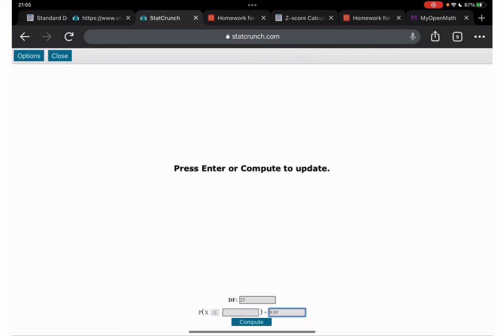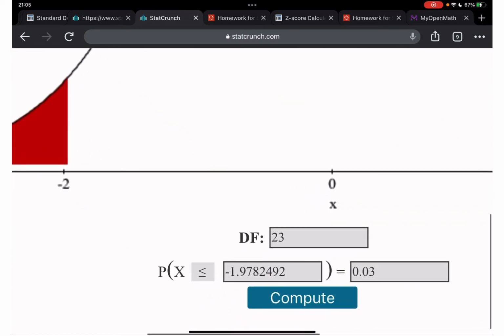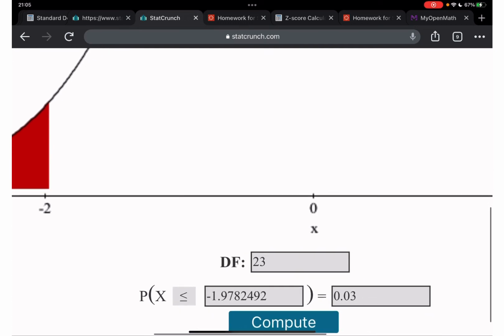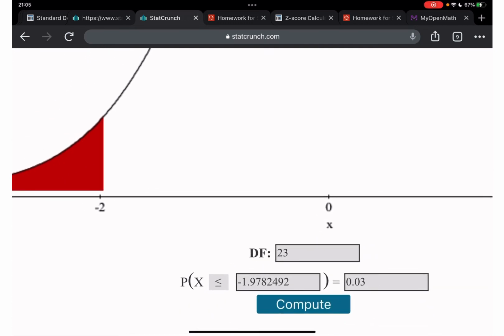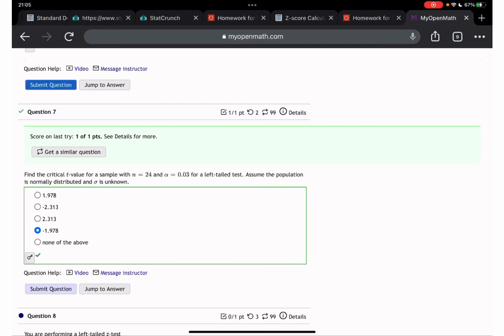Okay, and once I click compute, here we are getting negative 1.978. Excuse me. Negative 1.978. Here it is. Let's submit the question. Okay, we got it right.